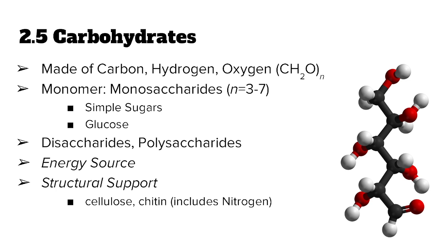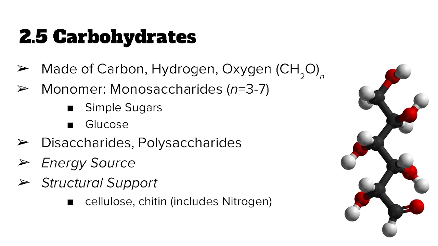They also are structural. So we could see them in glucose, but we also might see them as cellulose or starch in plant cell walls, or chitin in like exoskeletons of bugs, or in mushrooms.